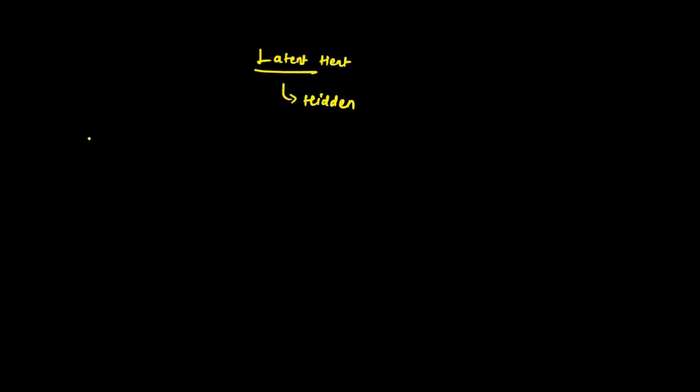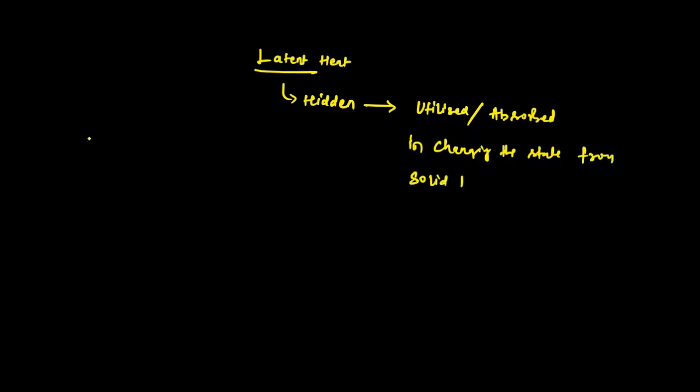Hidden, because this hidden heat is utilized or absorbed in changing the state from solid to liquid entirely, or liquid to vapor, and also in reverse, liquid to solid or vapor to liquid.